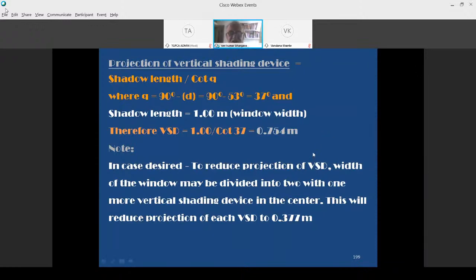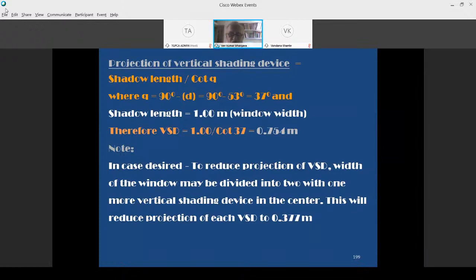The horizontal shading device projection will be less. The projection of the vertical shading device is more to protect the window against solar radiation in the month of April, to be exact 15th of April at 9:30 a.m.